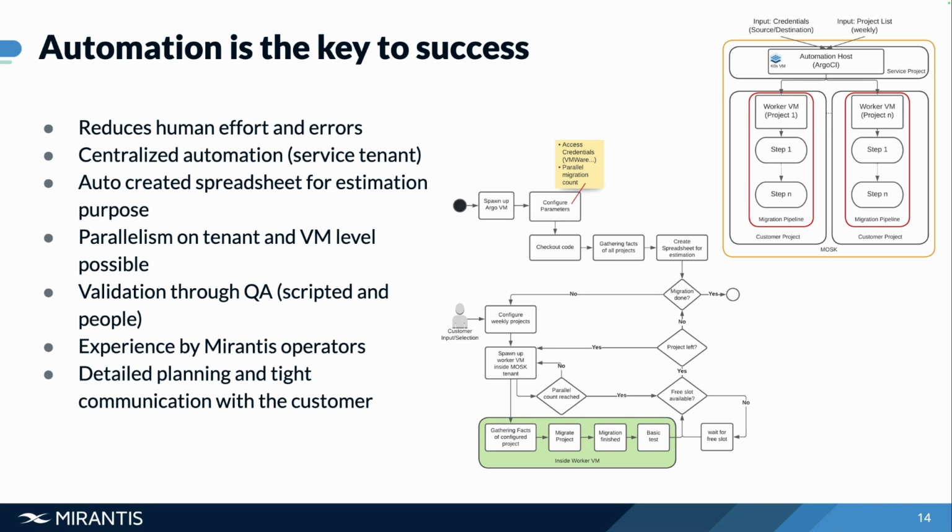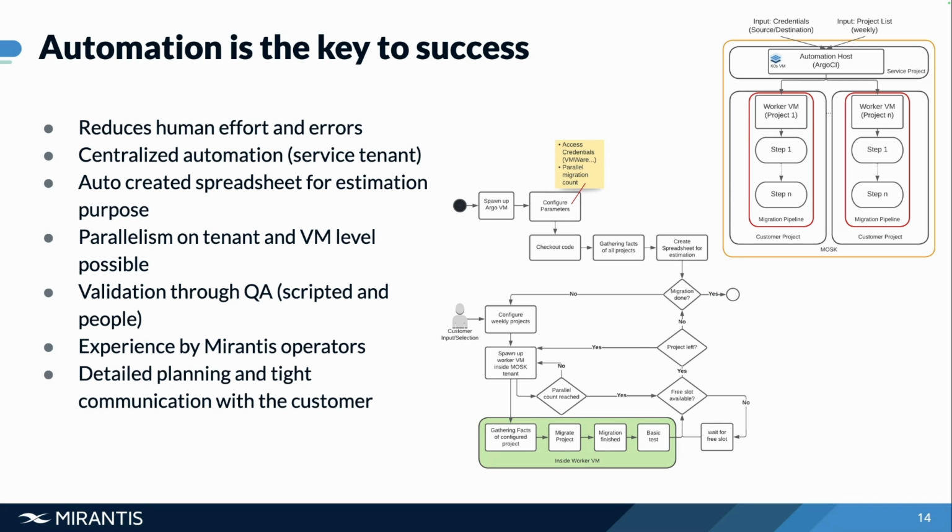We will connect that service VM automation host to your source VMware cluster with the proper credentials and required licenses, right, to be able to access the VMware cloud using the VMware APIs. And from there, we will automatically discover the VMs in the different vClusters and folders that we are authorized to access. And we'll automatically create a spreadsheet. That spreadsheet will be used for all the estimation work afterwards, right?